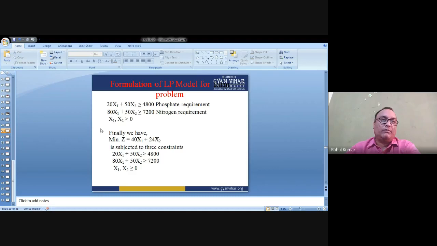So the question becomes like this. The minimum function Z equals 40x1 plus 24x2 is subject to the constraints 20x1 plus 50x2 greater than or equal to 4,800, and 80x1 plus 50x2 greater than or equal to 7,200. This problem you can solve with the help of the graphical method, and you can also solve it by the simplex method, because here the variables are only two, right?